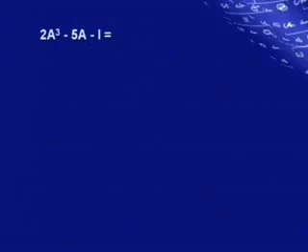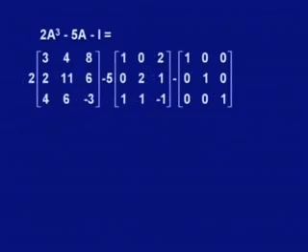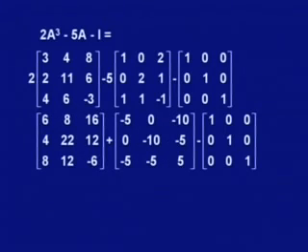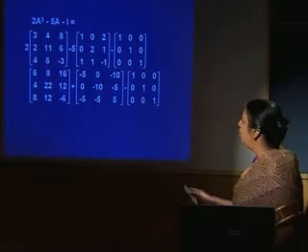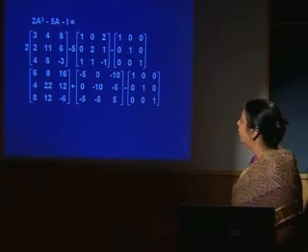Once I have computed A cube, the values can be substituted in this. So I have 2 times the value of A cube minus 5 times A and the identity matrix of order 3. 2 multiplied by A can be computed as 6, 8, 16 in the first row, 4, 22 and 12 in the second row, 8, 12 and minus 6 in the third row.